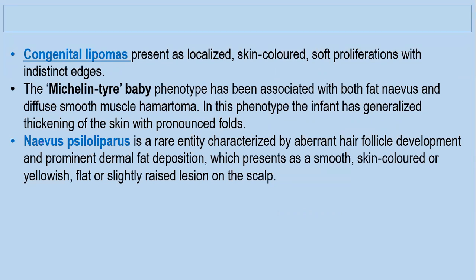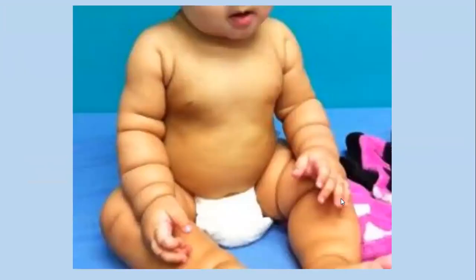The nevus psiloliparus is a rare entity characterized by aberrant hair follicle development and prominent fat deposition, which presents as smooth skin-colored or yellowish, flat or slightly raised lesions on the scalp. So this is confused with sebaceous nevus.